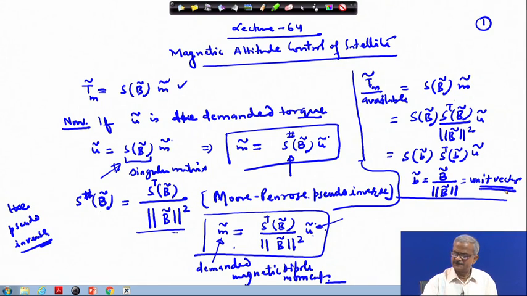In matrix notation it is written, and you can check, it is very simple, this is the skew symmetric matrix. In that, B is being divided by the B magnitude, so that is going to give you the unit vector.